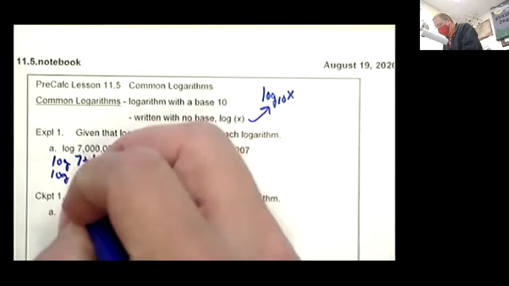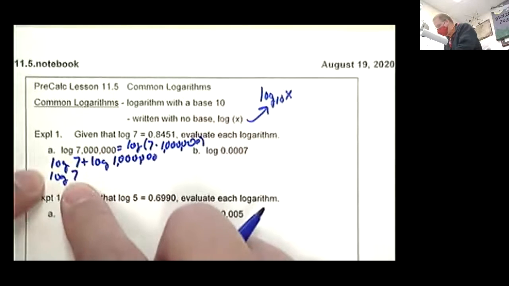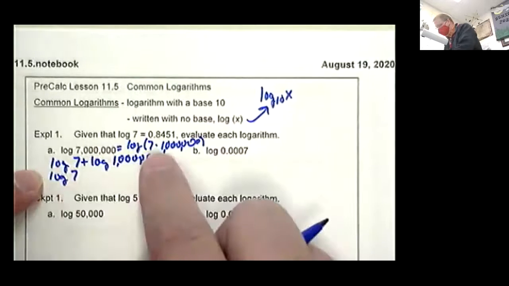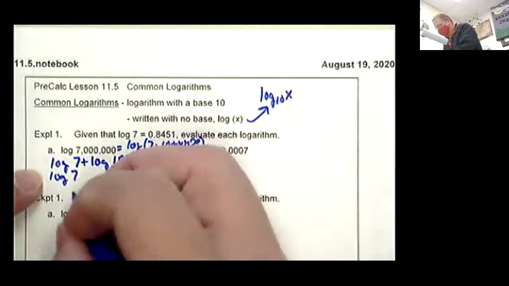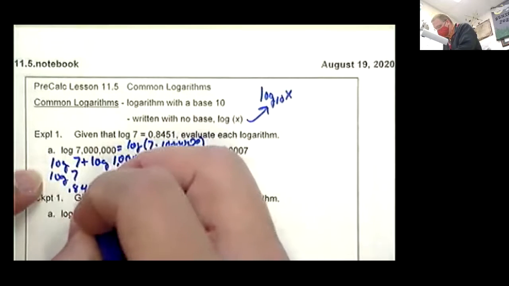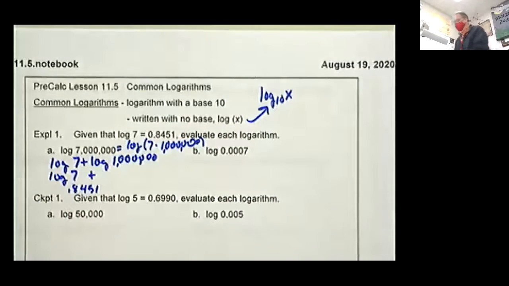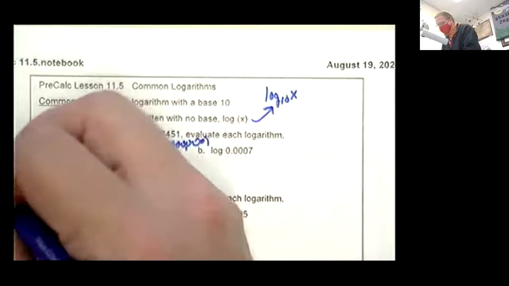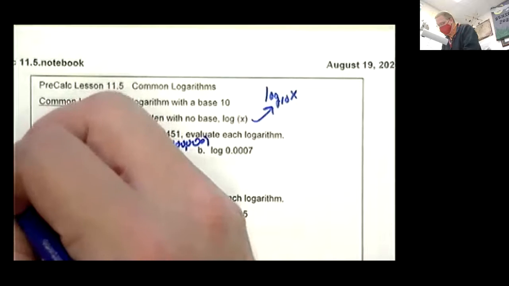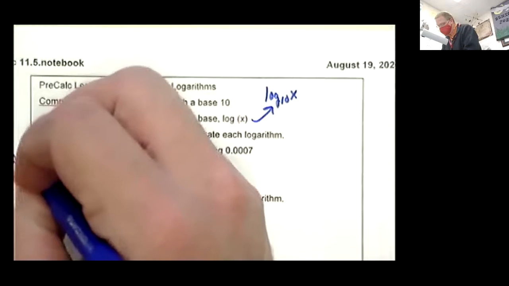And log of 7, we know that one. It is given to us up here: 0.8451. Plus, what's log of 1 million? Remember, this is base 10. So log base 10 of 1 million.